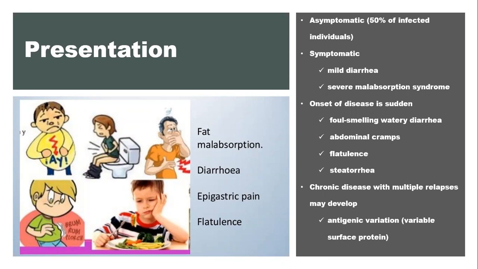So patients may present with fat malabsorption, diarrhea, epigastric pain, and flatulence. With chronic disease, with multiple relapses, this has been attributed to antigenic variation associated with the parasite.